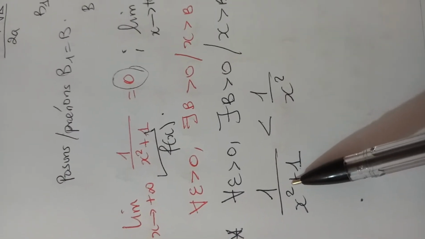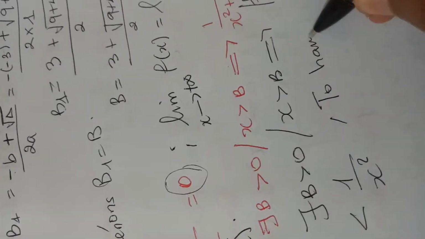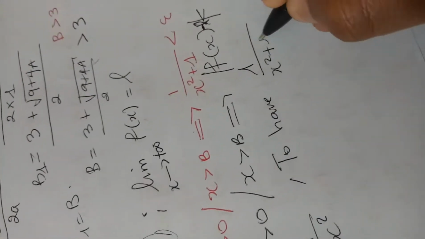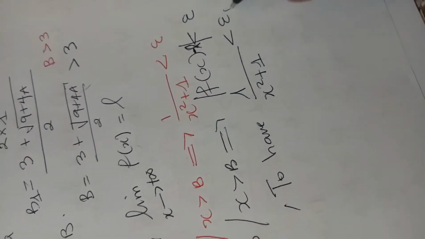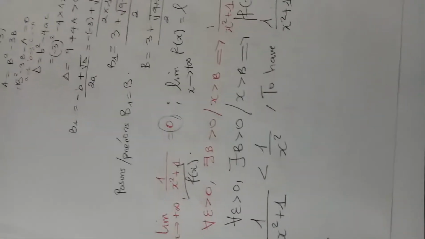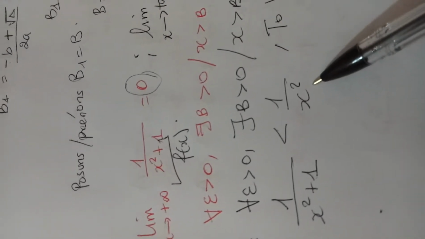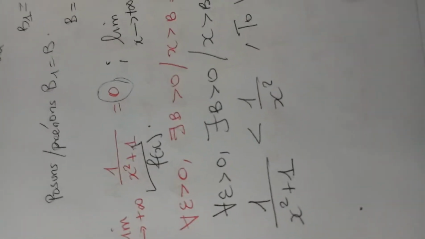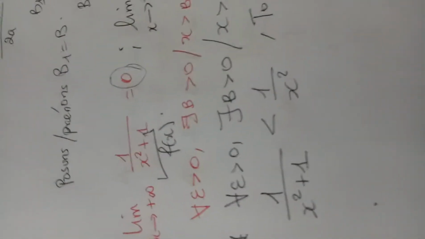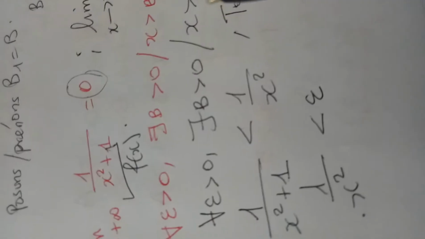So to have 1 over x squared plus 1 less than epsilon, instead we can have 1 over x squared less than epsilon. So we'll put that down: 1 over x squared less than epsilon.